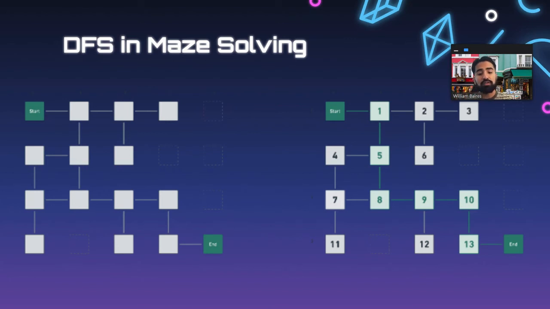Just like we saw with the previous example, that maze can always be turned into a graph. The maze can be abstracted into a graph, and that's going to help DFS run its exploration of those nodes.